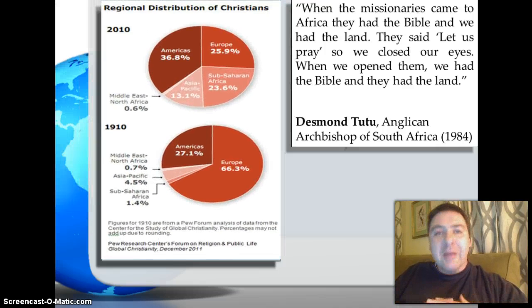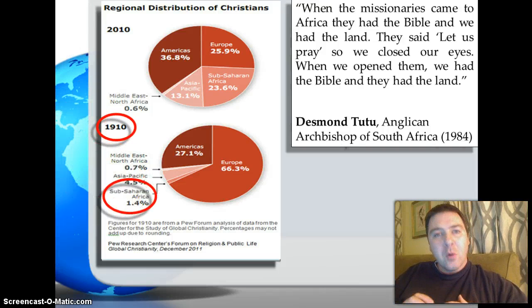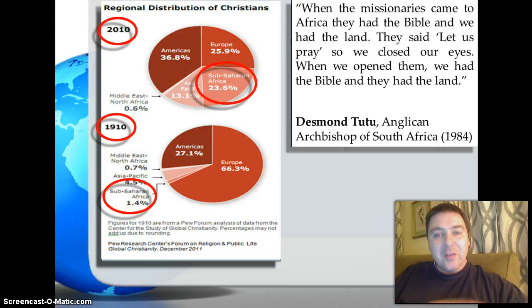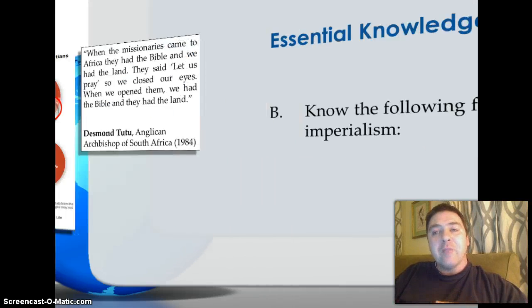Okay, and we see again in this chart here how Christianity goes from being relatively small, only 1.4% of the population in 1910, to 100 years later, it's 23.6%. One out of every four Christians in the world today is in sub-Saharan Africa.